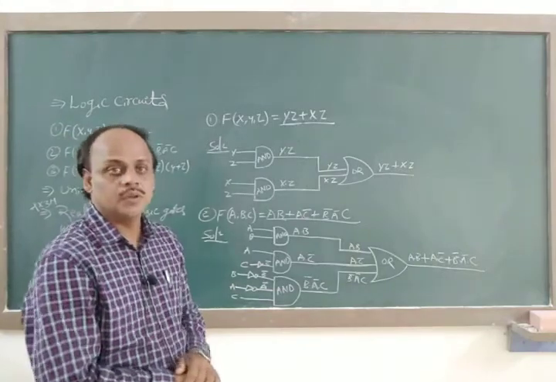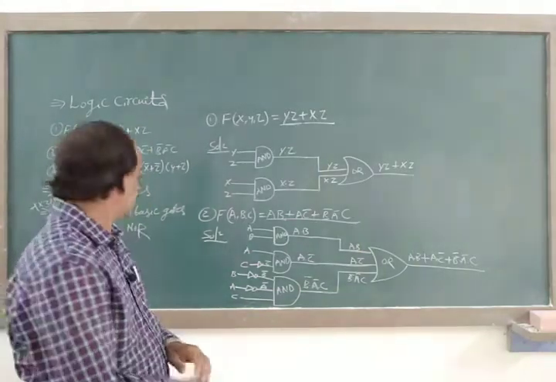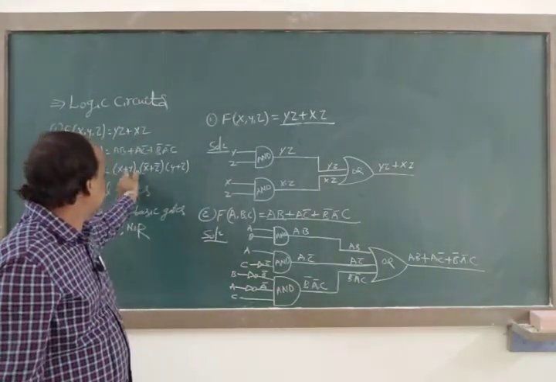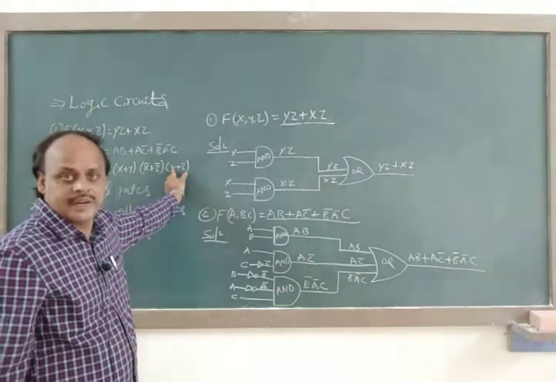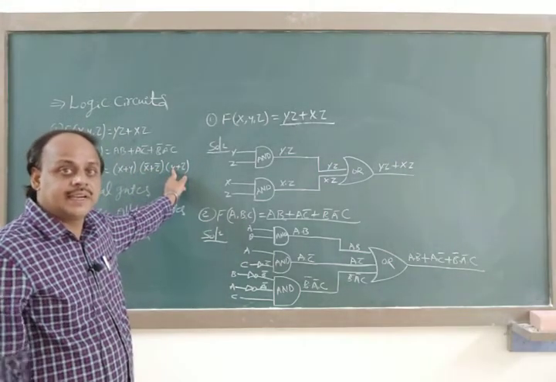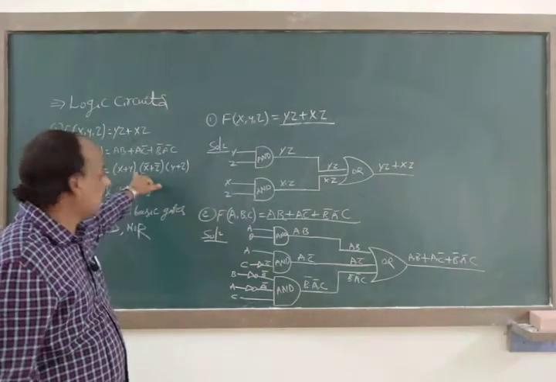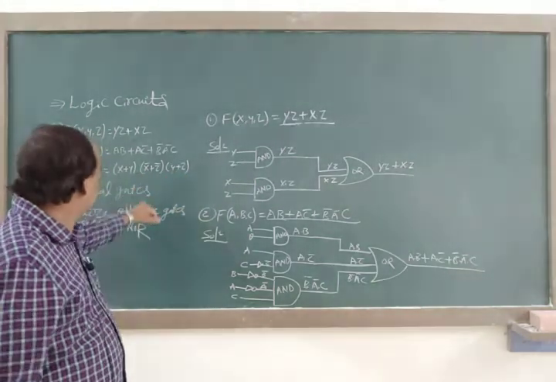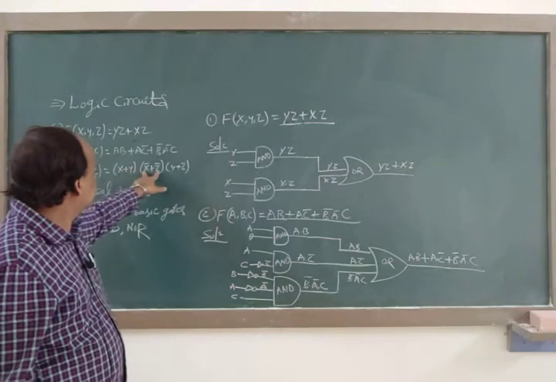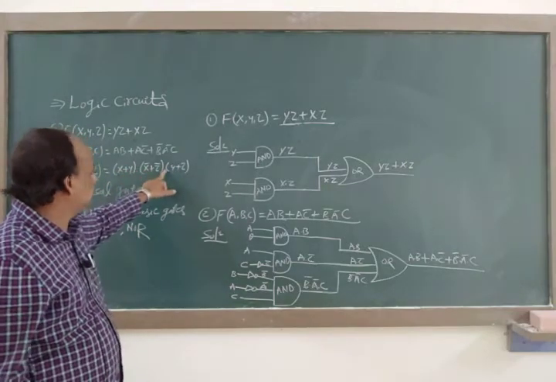We have to first consider three individual OR gates, and afterwards take its output as input to the AND gate, because between all the terms AND operation is there.